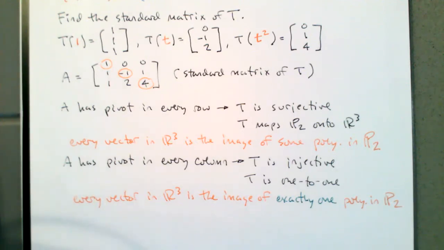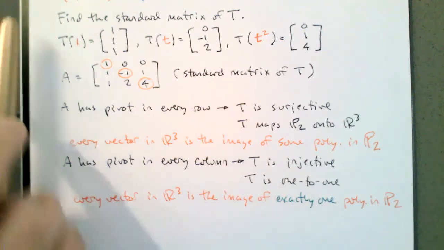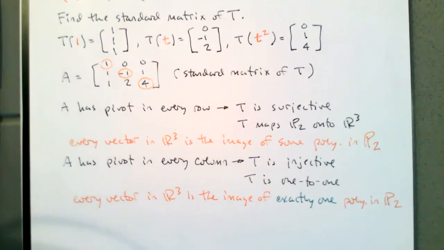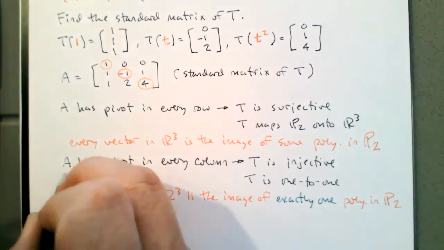The other thing that we know about this, since there's a pivot in every column, since the columns of A are linearly independent, is that T of x equals 0, the homogeneous equation, has only the trivial solution. So that's something else we get from columns. We also get that the columns of A are linearly independent.